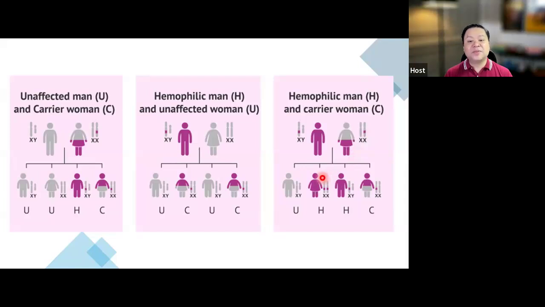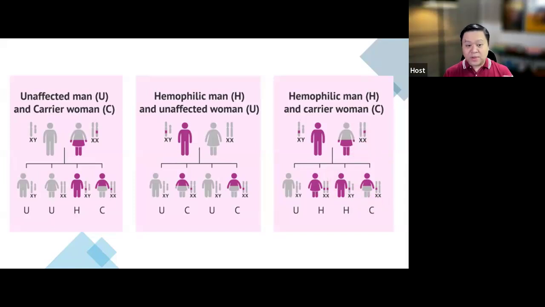However, this is something rare. Okay, it's about 25%. Now, we also have a daughter here that can potentially inherit the mutated X chromosome from the mother, and they will be only carriers at this point.